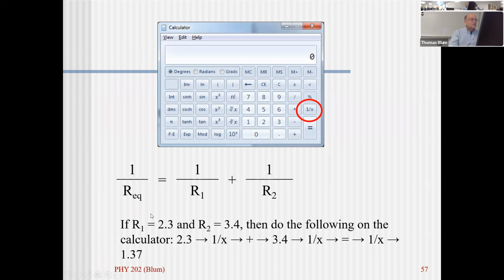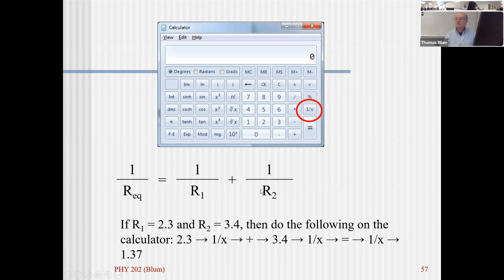So I would do this if I were doing, what's my example? A resistor of 2.3 and 3.4, and I'm adding them. In my calculator, I put in 2.3 and hit the reciprocal button, and then hit the plus. Then put in the second resistor, 3.4, hit the reciprocal button and hit the equal. That will perform the addition, and then perform a third reciprocal.